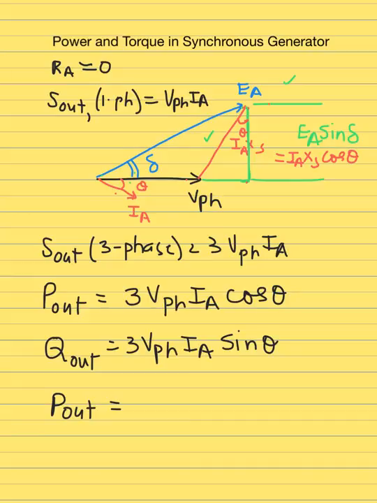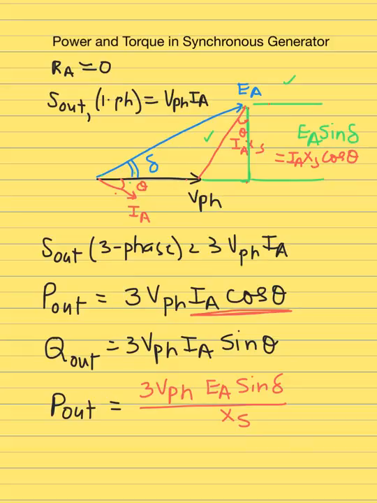So in the equation for P out, we're going to replace IA cos theta with EA sine delta divided by XS. That means P output is going to be 3 V phase times, as I said, IA cos theta, which is EA sine delta divided by XS.